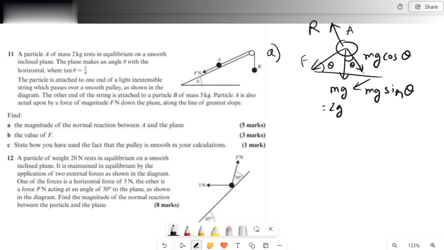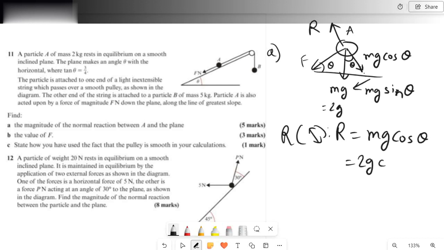So we can say that, resolving perpendicular to the plane, the normal reaction force is going to be equal to mg cos theta, and in this case it's going to be 2g cos theta, because we know that tan theta is equal to 3 by 4, which is opposite divided by adjacent.